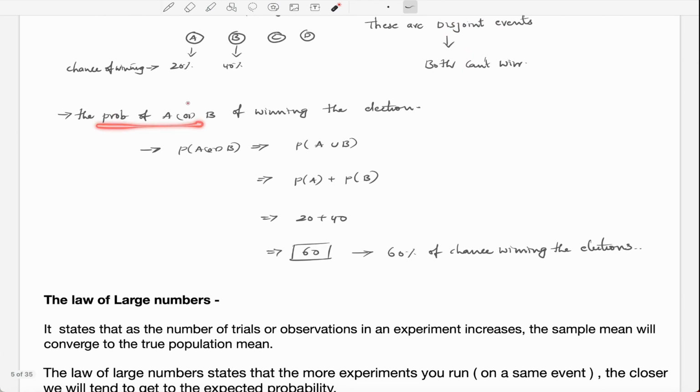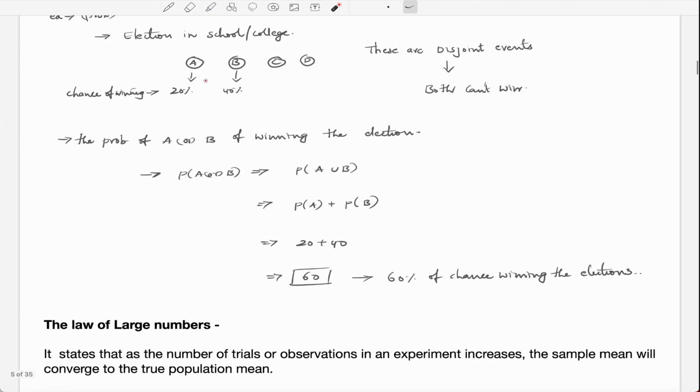So the probability of A or B: A has a 20% chance and B has a 40% chance of winning the election. I just want to find this for these two events.